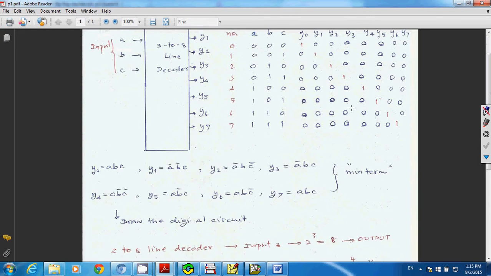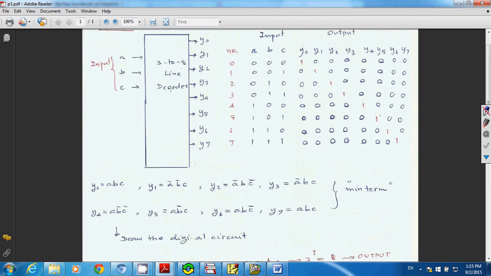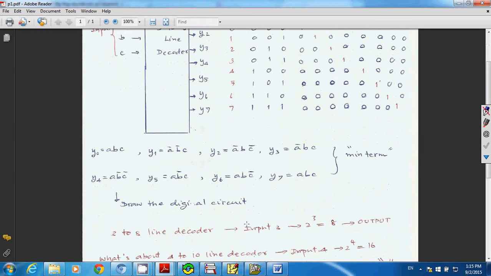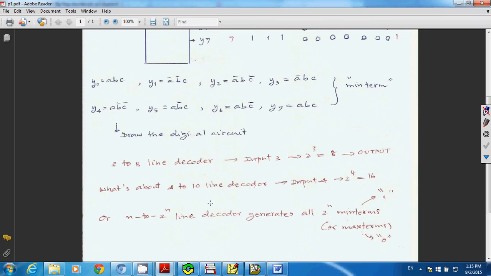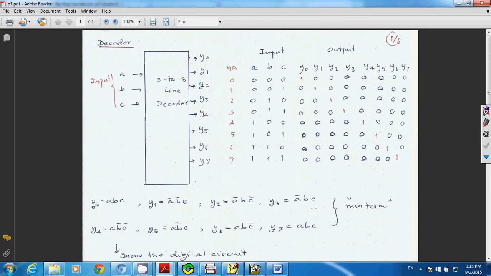Next, as I have here, you can also draw the digital circuit corresponding to each output, meaning Y0 to Y7. This type of decoder, we call it a 3 bit, 3 to 8 line decoder.